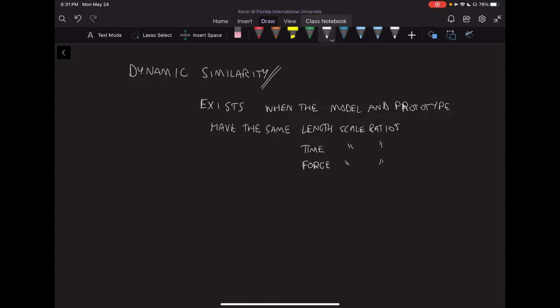So we can say that dynamic similarity is achieved, one, for incompressible flow, when the following happens. So for incompressible flow, and first we're going to talk with no free surface. So this is a completely submerged flow. We can say the following.